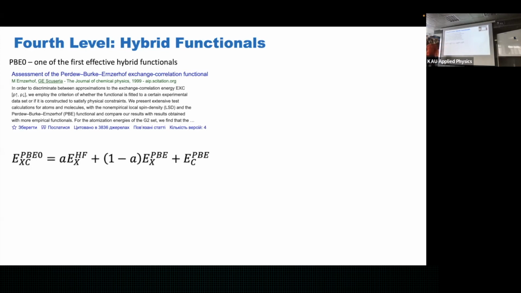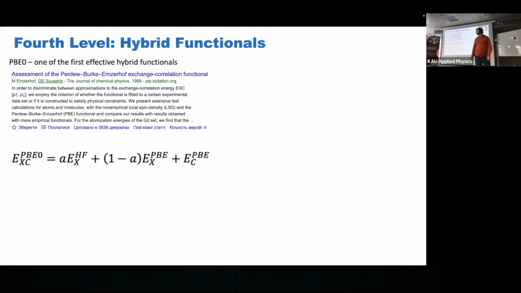So we take this Hartree-Fock part for exchange energy. Then we take some part of PBE, but you see, here we have A, but here we have 1 minus A. So they have to work together. It's not that I take all of this exchange term, but I take some part of this exchange term, plus the correlation term.